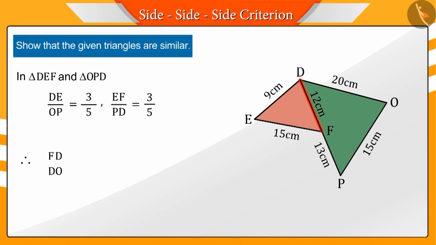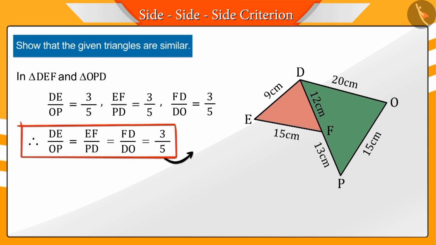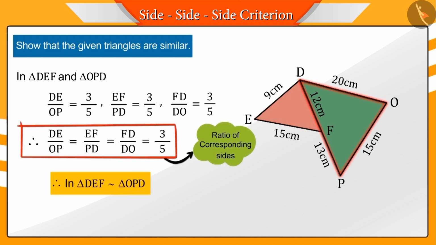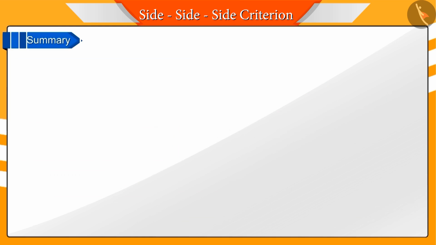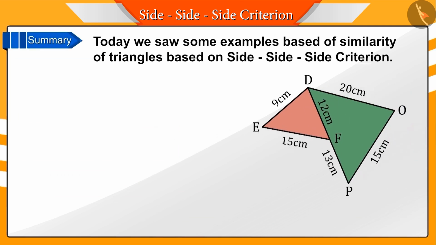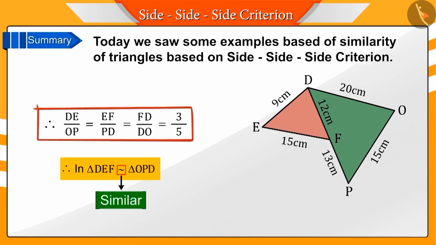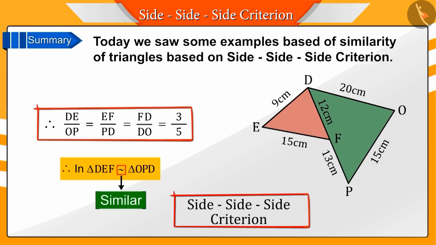Like this, the ratio of FD and DO also comes out to be equal to this value. Hence, we can say that triangles DEF and OPD are similar by the SSS criteria. In this video, we looked at some examples based on the SSS criteria.